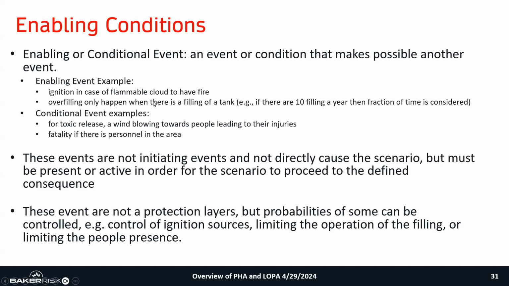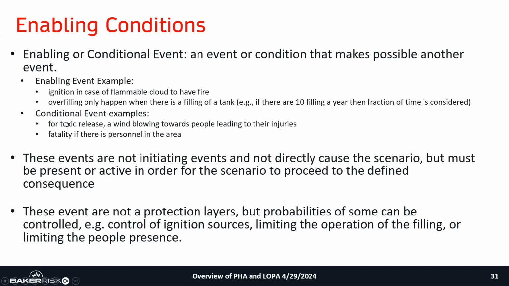Overfilling: you can only overfill a tank when you're actually filling it. So for example, if you're only filling the tank 10 times a year, then the risk of overfilling is a very small fraction of time where this hazard exists. Conditional events.